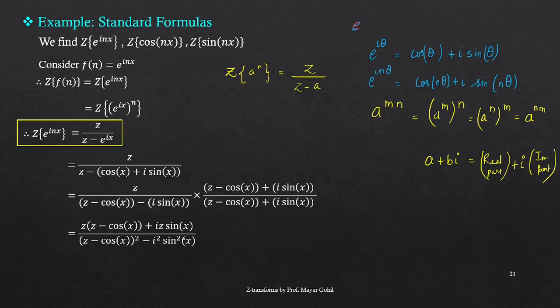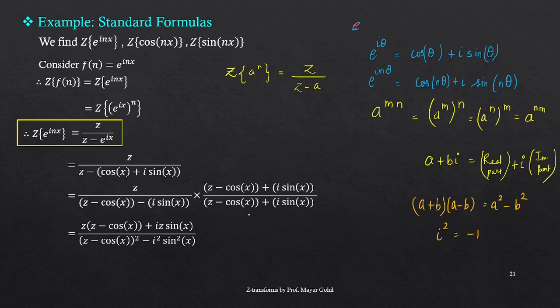When you do the denominator, you come across a very simple and very famous identity that you learn at school level, that is (a plus b)(a minus b) is a square minus b square, right? And then you also know the rule that i square is minus 1.